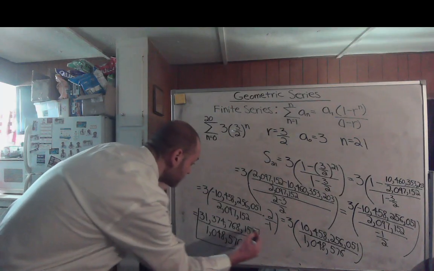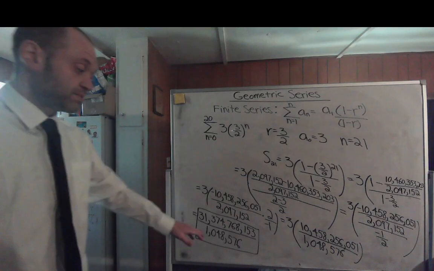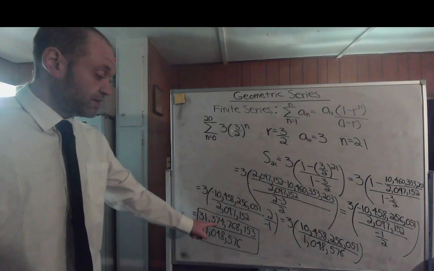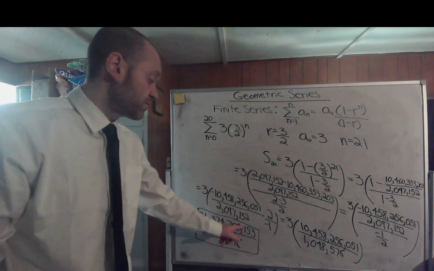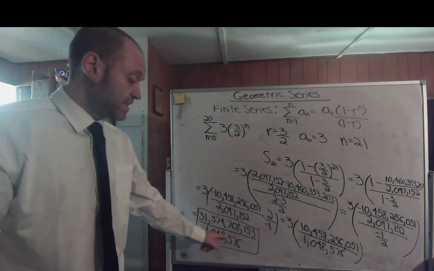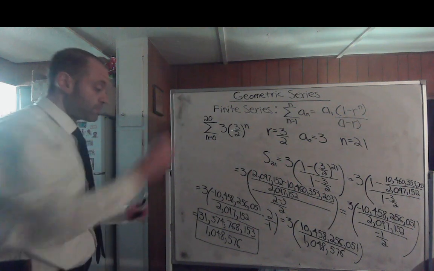That would actually end up being the sum of the first 21 terms of this series. You get 31,374,768,153 all over 1,048,576. Okay.